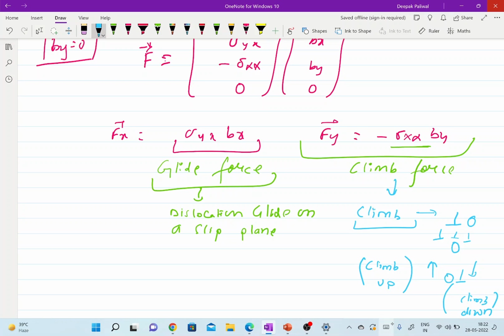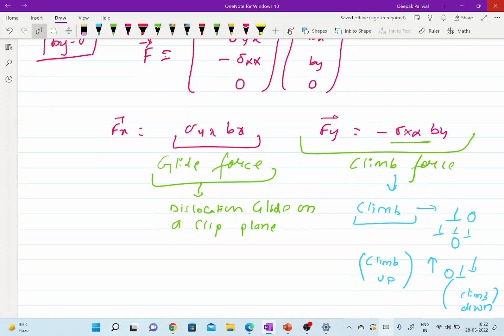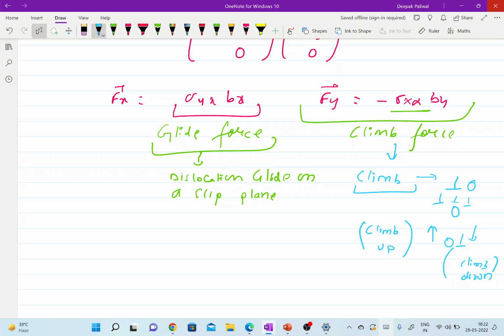Okay, so the process of climb up, climb down requires a large amount of force. Let me write some force equation. Again, we have already calculated the values of sigma yx and sigma xy.